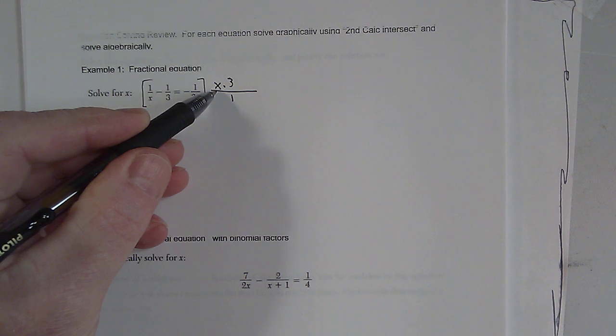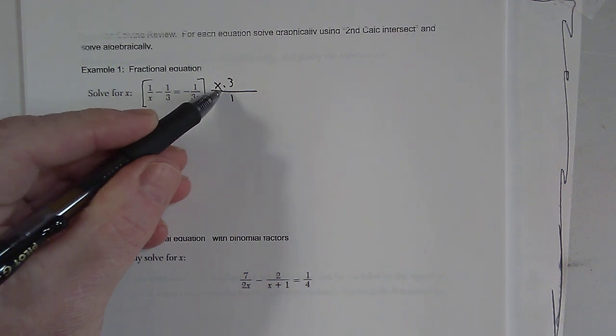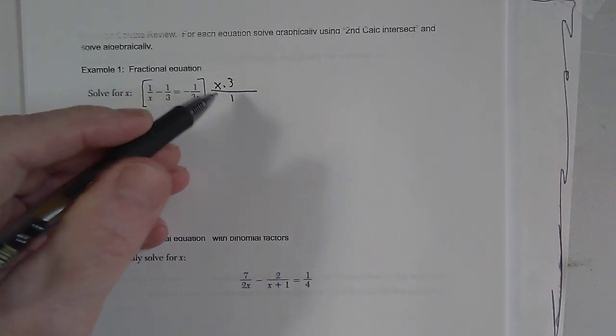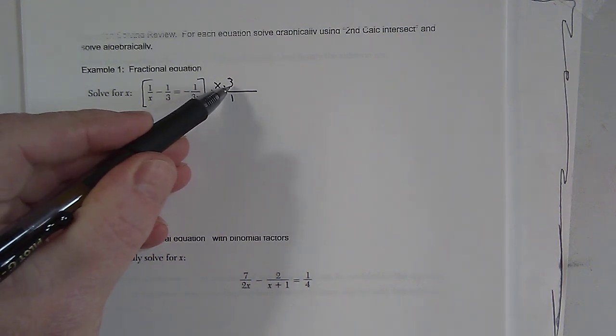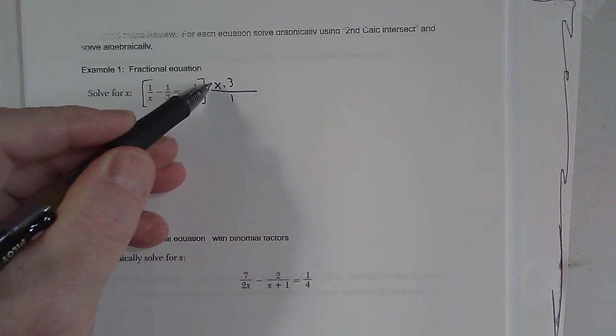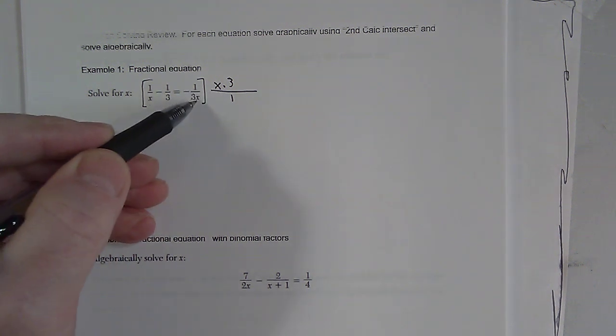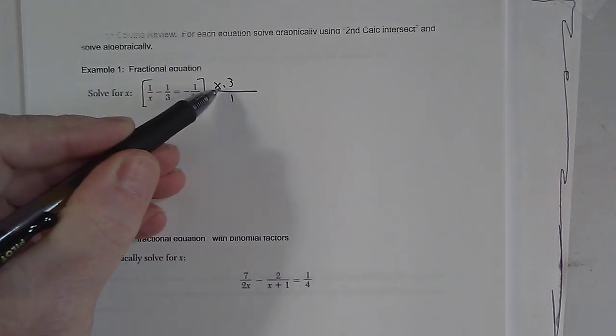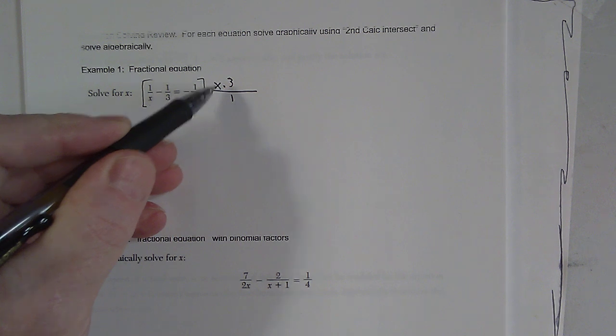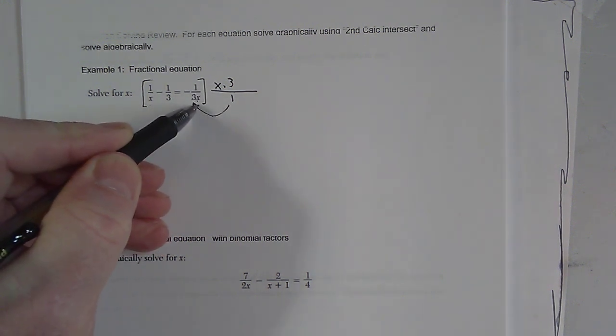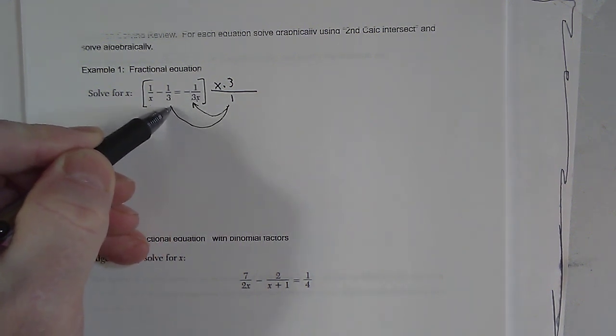If I did, it'd be okay, they divide away, but this is the simplest numerator I can have. So this really is the common denominator if I was trying to get one. But I'm not going to do that. I'm now going to take this and distribute it through the equation.